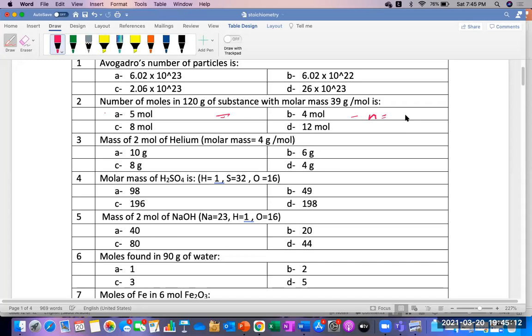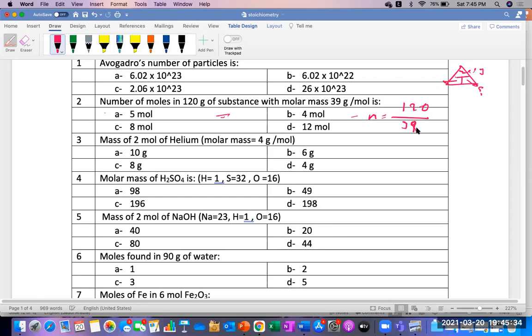If we want to calculate the number of moles, we use the formula with mass in grams, number of moles, and molar mass. So we divide the mass in grams, which is 120, over the molar mass, which is 39.